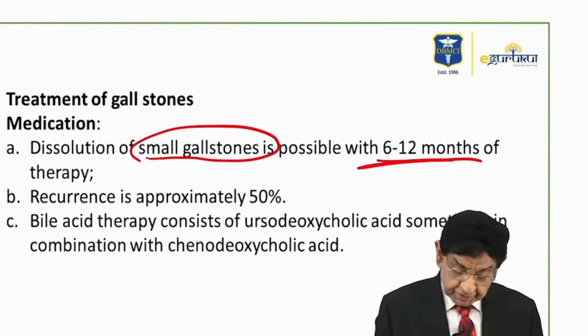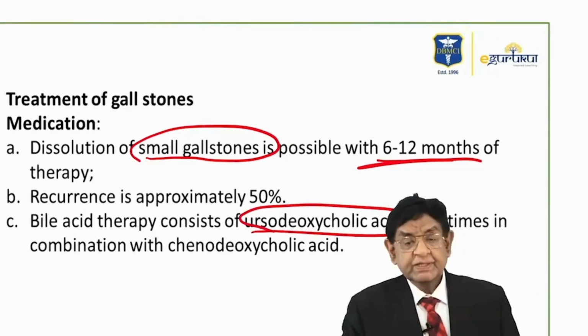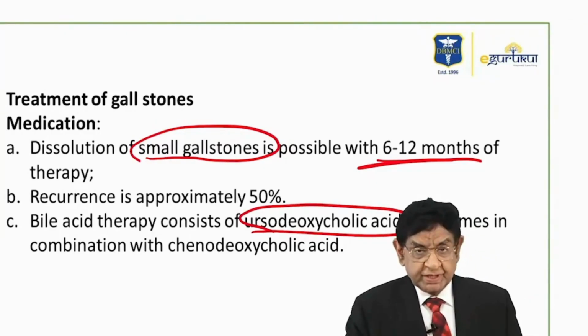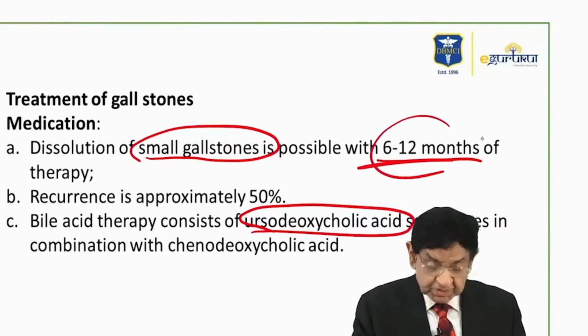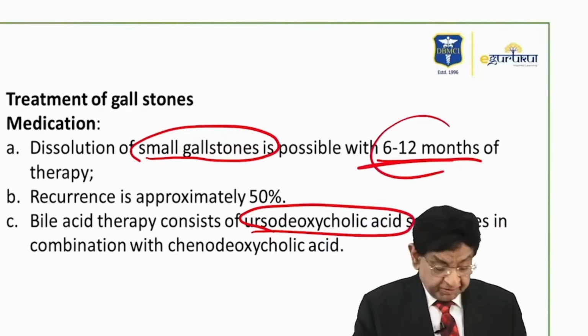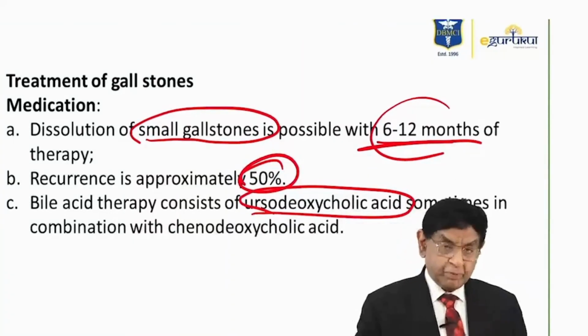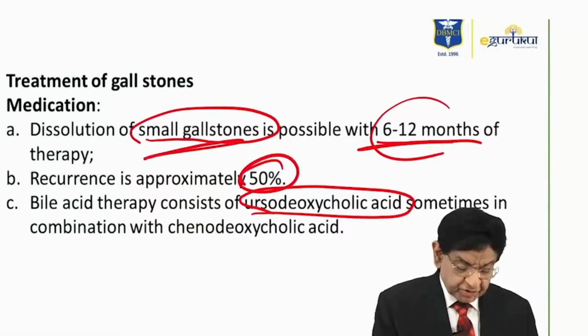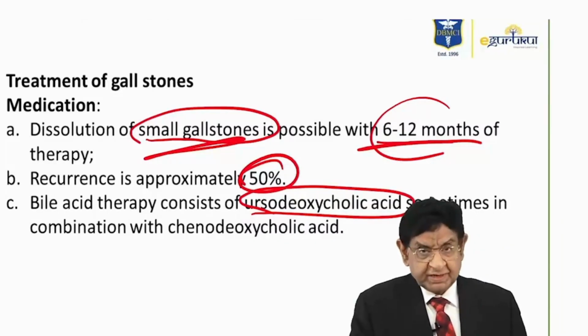What we use is ursodeoxycholic acid. That means you keep on giving ursodeoxycholic acid, and that can dissolve the stones, but it may take about 6 to 12 months, a long time, and the recurrence rate is as high as 50%. But point to be noted, it is done only for small gallstones, so it is not a very popular method of treatment.